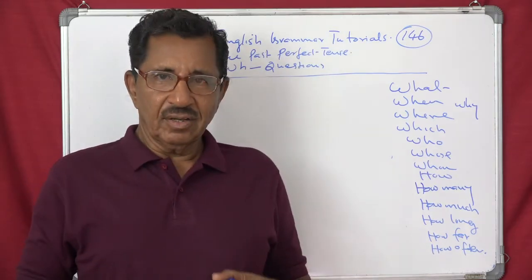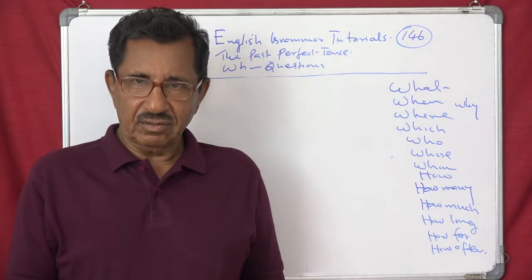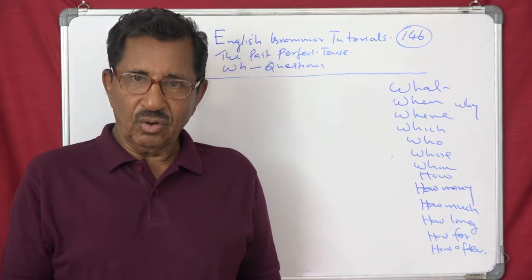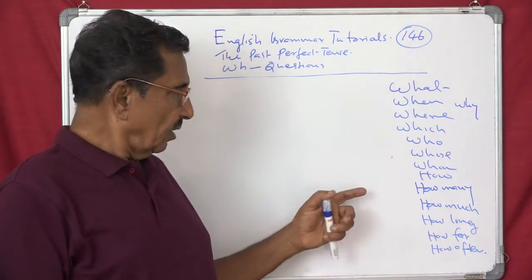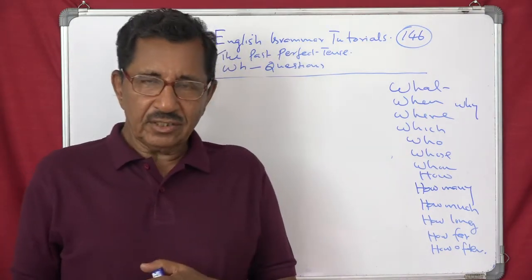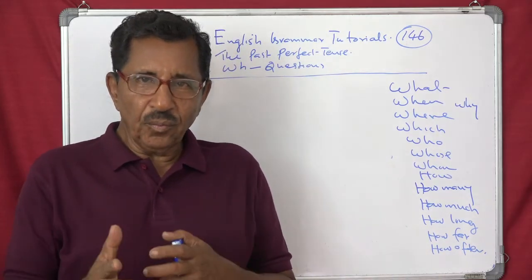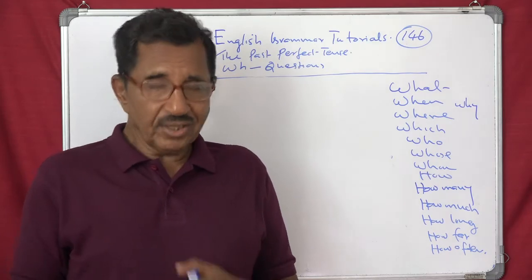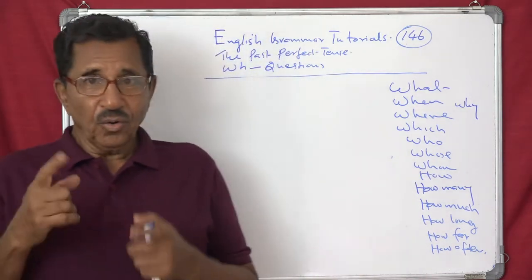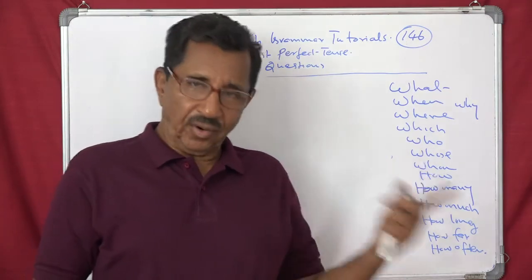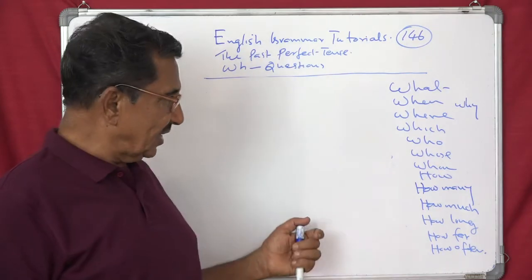Whose? They had taken all our toys. Whose toys had they taken? Whom? Students had spoken to the principal. Whom had the students spoken to? Or spoken to? That's also allowed.